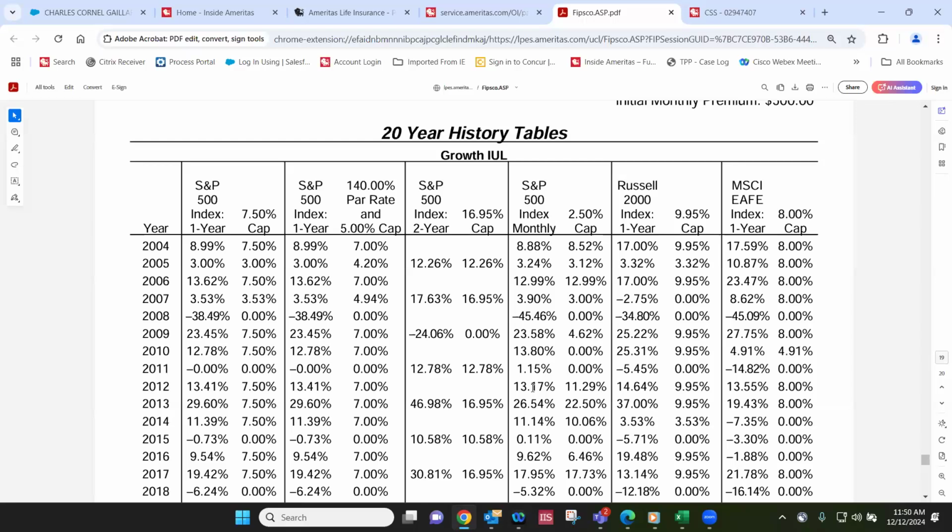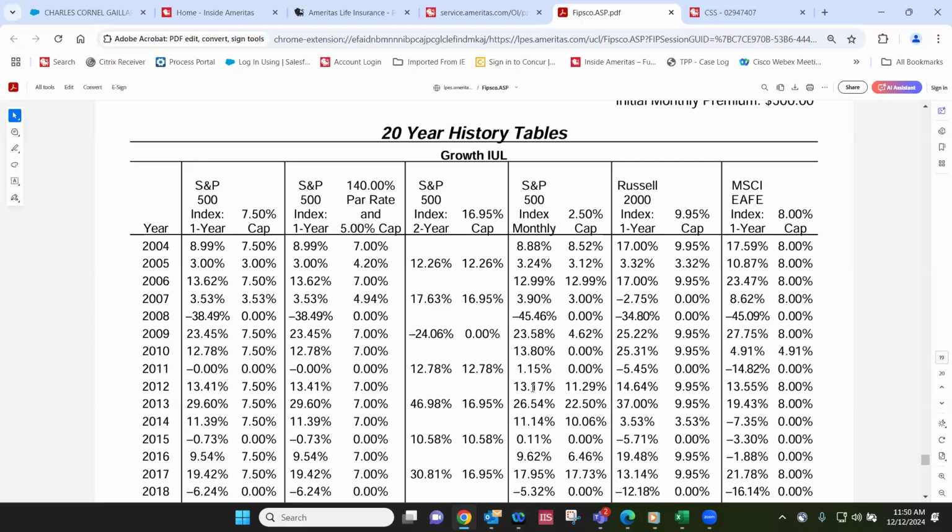So the S&P 500 1-year point to point right now today is at 7.5%. If we did the international indice all the way over to the right, that's an 8% cap. So yes, depending on which indice you choose, that will dictate what cap rate you're issued with.